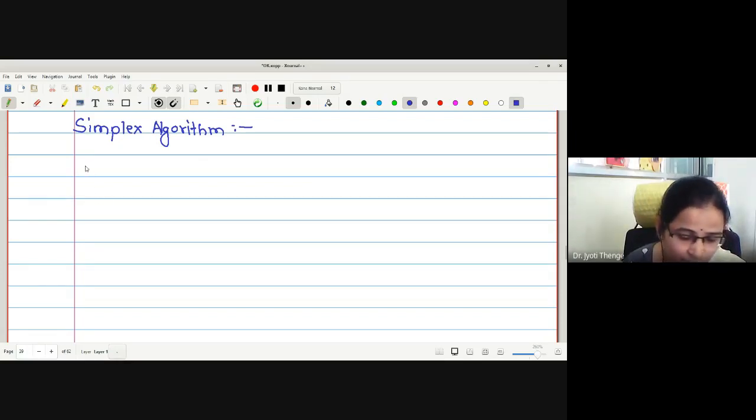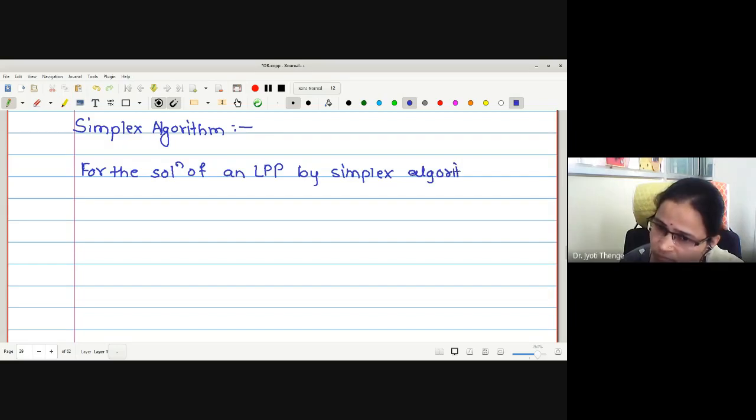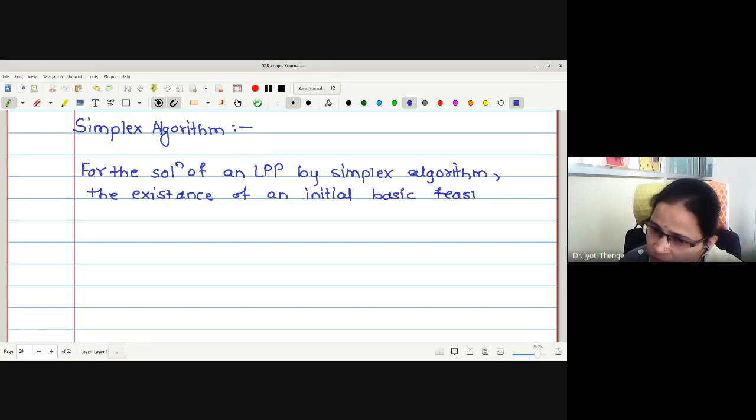Here I'll write: for the solution of an LPP by simplex algorithm, the existence of initial basic feasible solution is assumed.